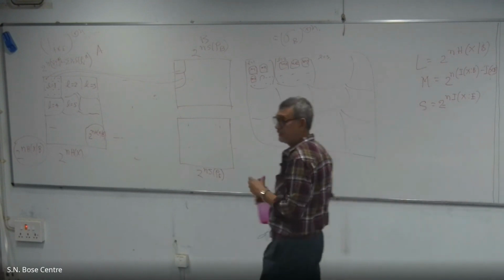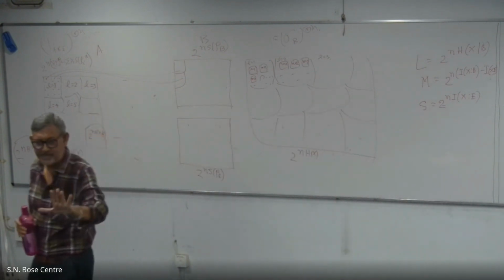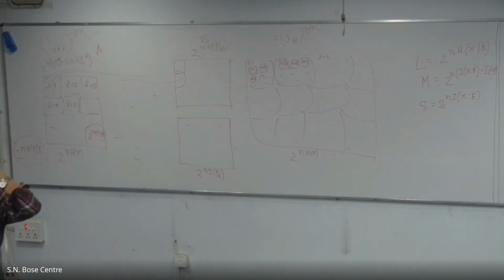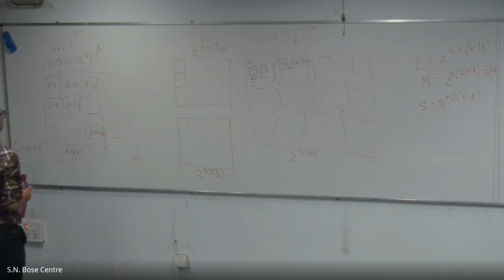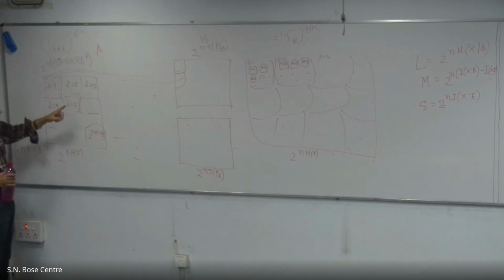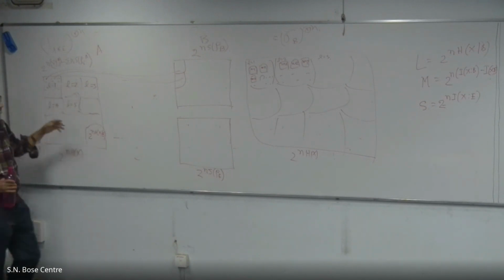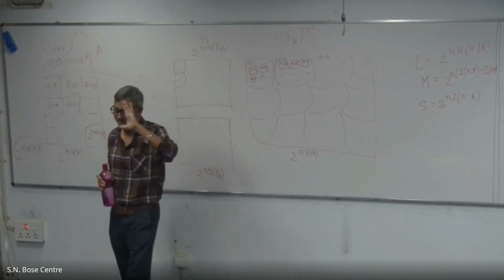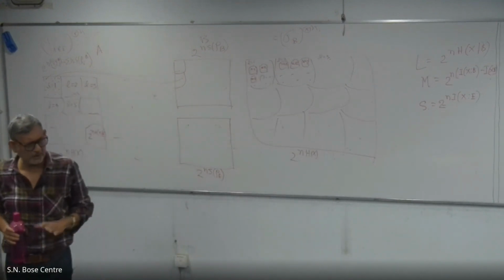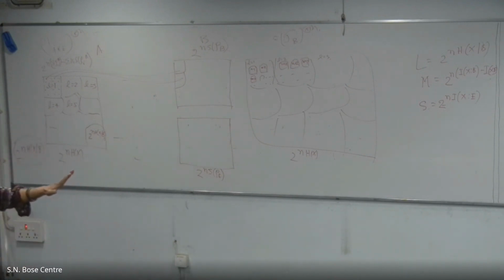So Alice will make the measurement. If it is atypical, Alice will make a phone call to say that we have to start again. If it is a typical sequence, then Alice knows this typical sequence has an L number, an M number, and also an S number.